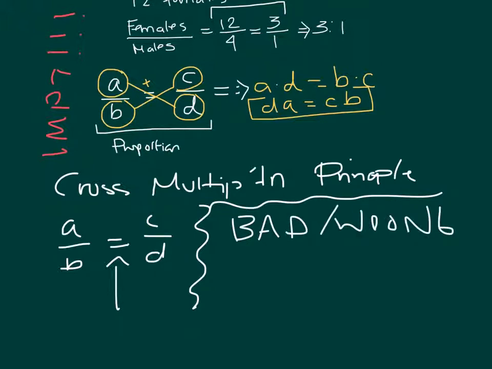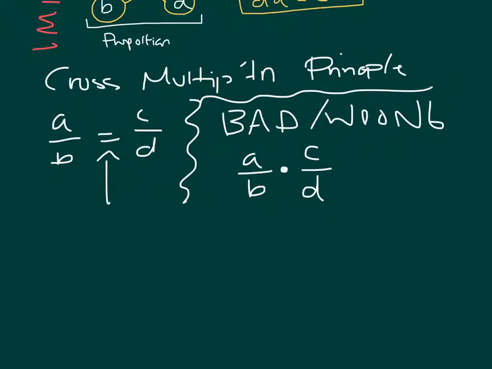This is bad, or wrong, however you want to say it. If you have two fractions and you're multiplying them, a lot of students want to say, I see fractions, I can cross and multiply, and get AD over BC. This is wrong.